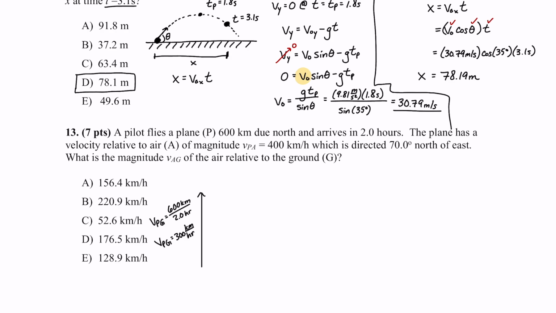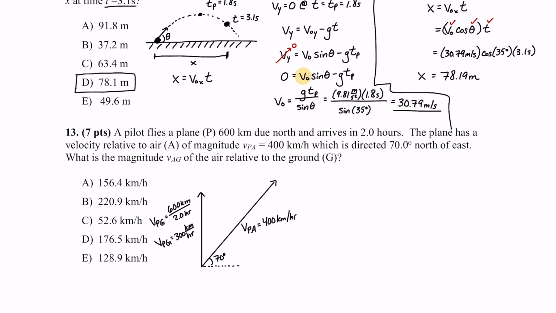The plane, though, has a velocity relative to air of 400 kilometers per hour, and that's directed 70 degrees north of east, which would look like this, where this is at an angle of 70 degrees, and we'll label this vector VPA, and that's equal to 400 kilometers per hour.